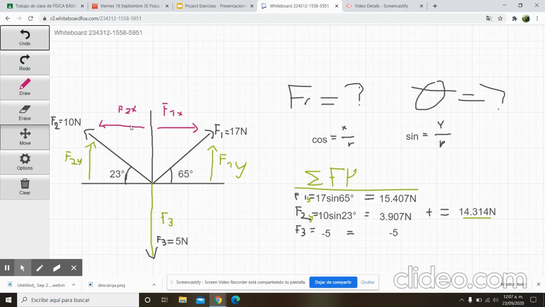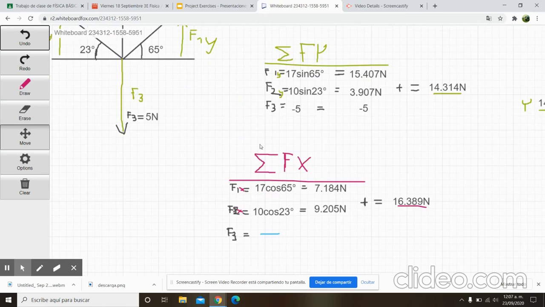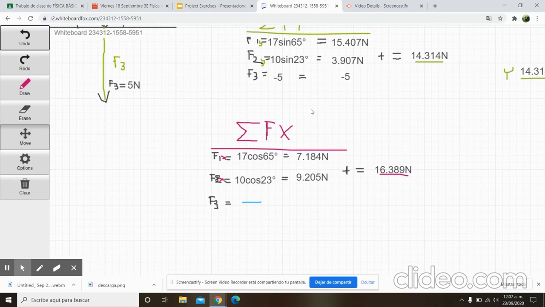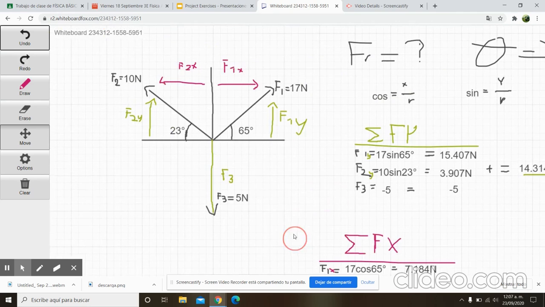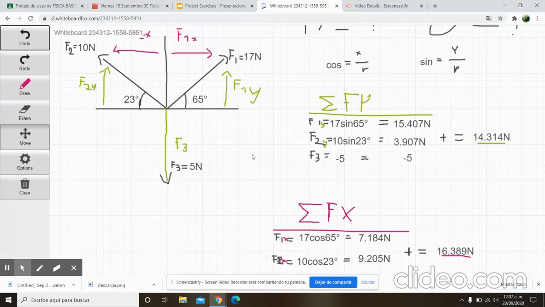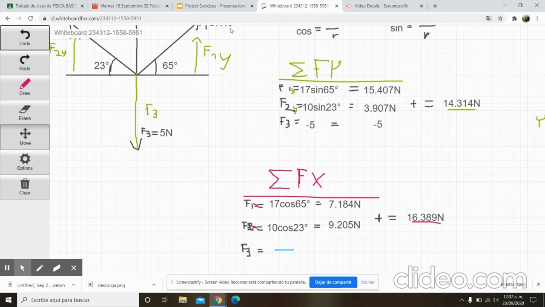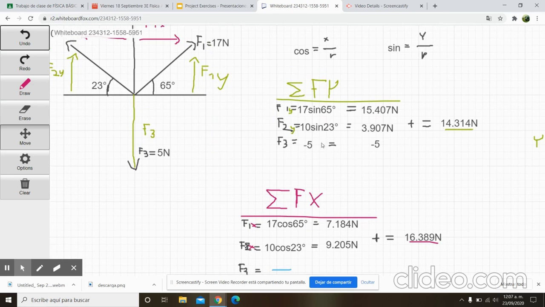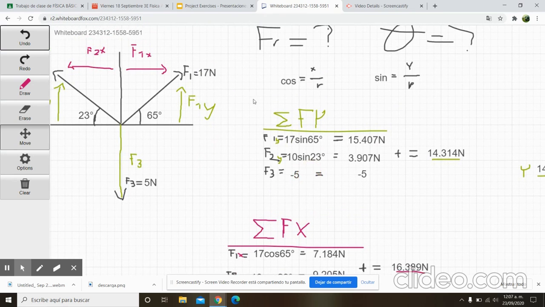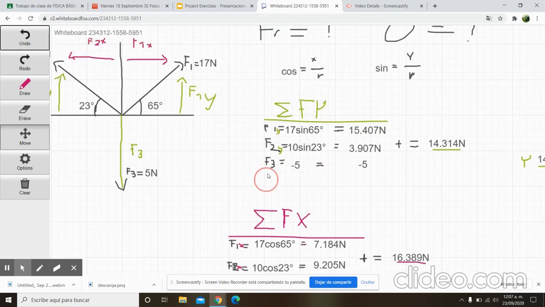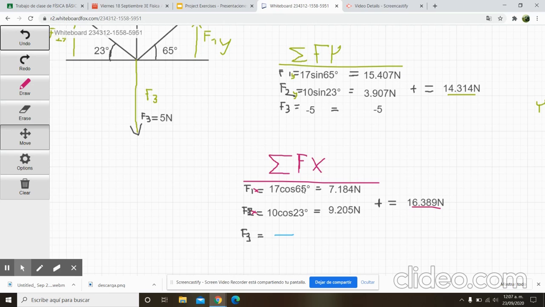Okay, then we have the x. First we have the first one, force 1x. In order to get that, we put 17, but now with cos, like the formula says: 17 cos 55 angle, and the result is this.